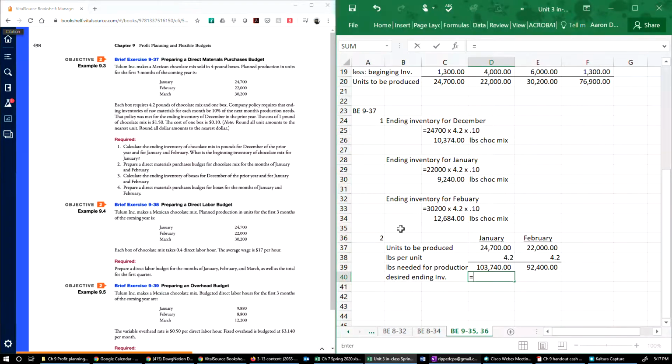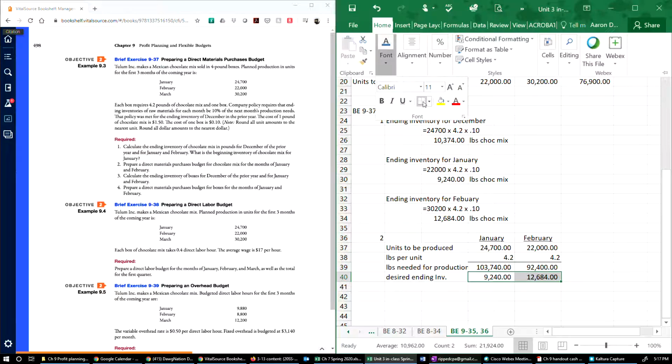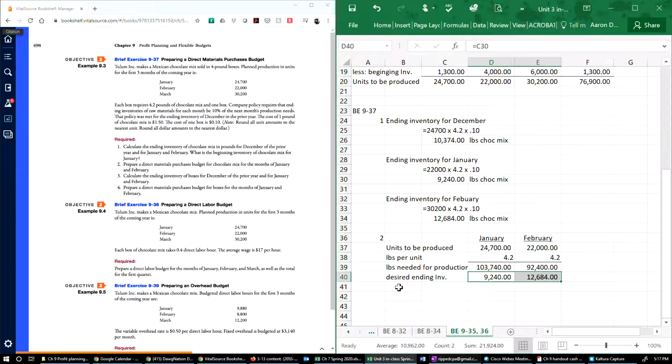All right, so for January, it is the 9,240. For February, it's the 12,684. All right, and we'll just add these two together.